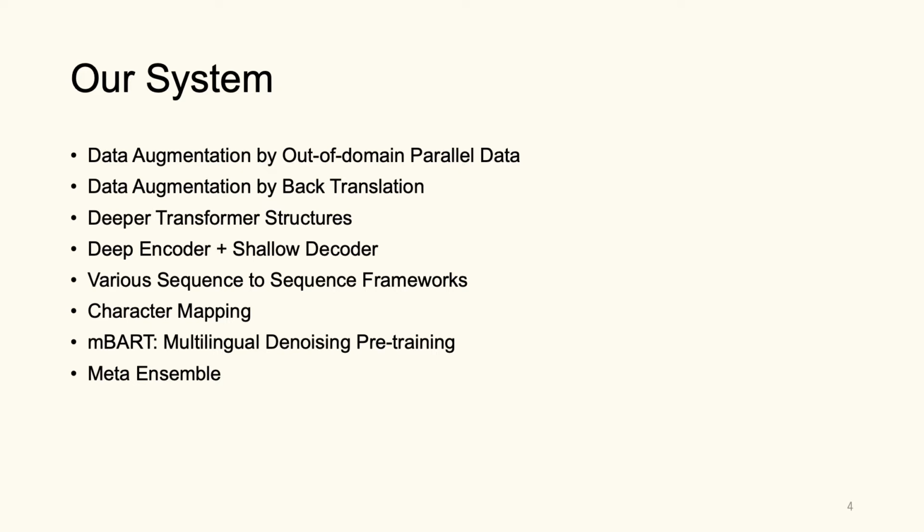Moreover, we also try the specific trick of character mapping on Japanese to Chinese translation, and we also try the recent very popular pre-training method called MBART. Finally, we implement a meta ensemble to combine different systems.